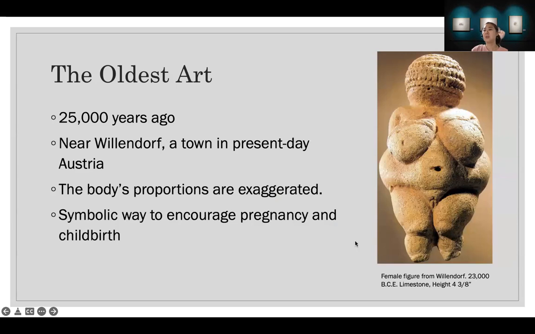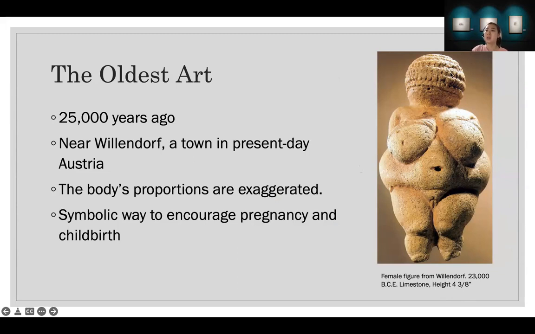This is the first sculpture the art historians found. This is a female figure sculpture from 25,000 years ago. It was found near Willendorf, a town in present-day Austria. So look at the size. It is small enough to fit comfortably in the palm of a hand.